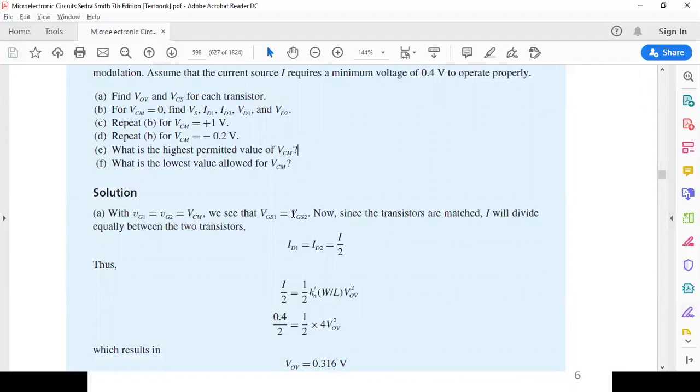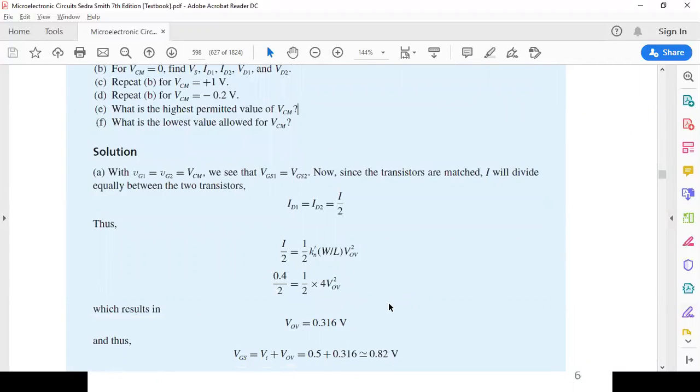VGS, how to find VGS? We know that the overdrive voltage is VGS minus V threshold, right? The overdrive voltage is the difference between VGS and V threshold. So VGS is the overdrive voltage plus V threshold. Let me try to write it here.